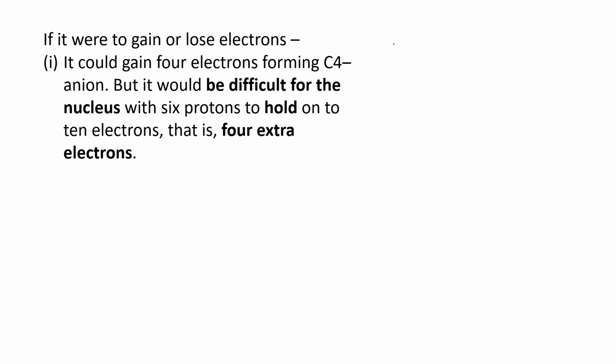If carbon gains 4 electrons, then what will happen? This 2, 4 will become 2, 8. But don't forget that in this 2, 4, there are 6 electrons and 6 protons, right? When carbon gains 4 extra electrons, the electron number will be 10, but the protons are still 6.